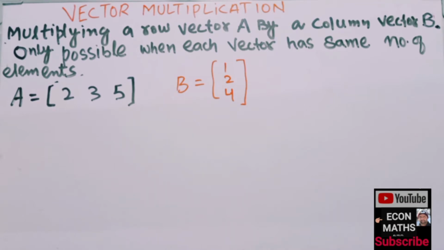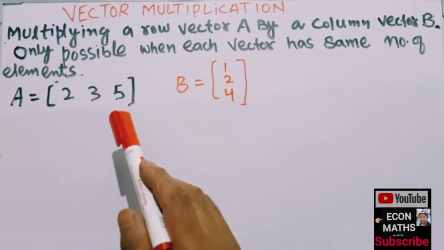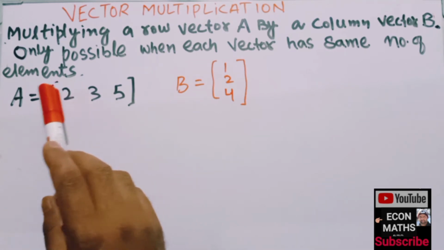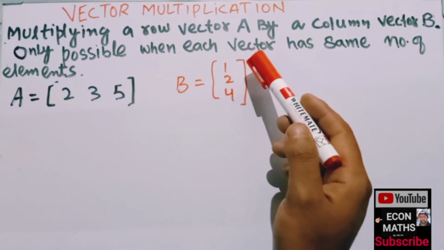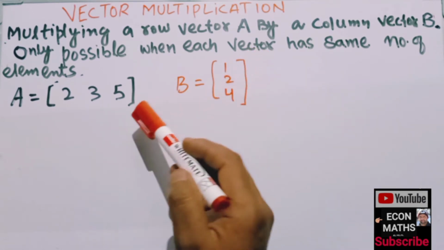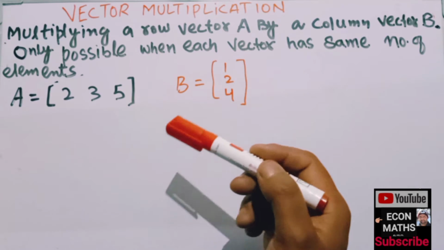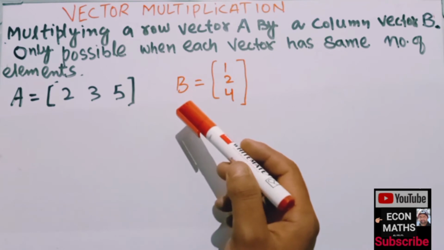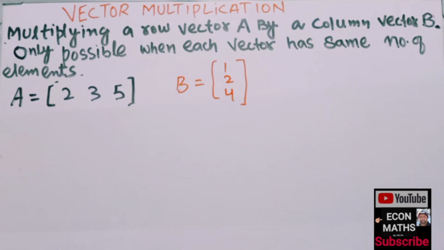Now I can multiply these two vectors only when the number of elements in each vector is the same. Since the number of elements in this column vector is 3, that is 1, 2, and 3, similarly here the number of elements is 3, so I can multiply these two vectors. If the number of elements is not the same in both the vectors, then we cannot do the multiplication. So this is the condition on multiplying the vectors.